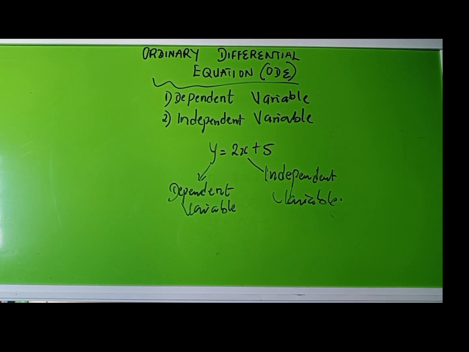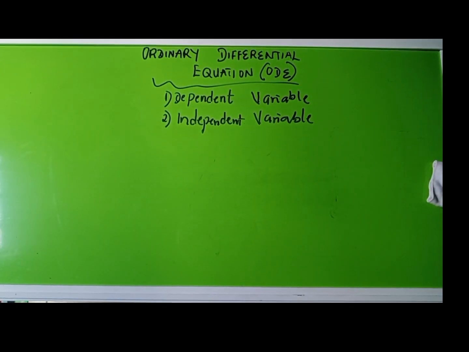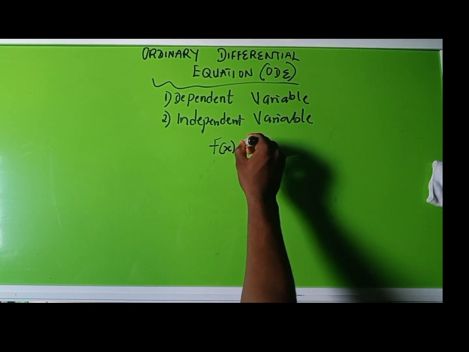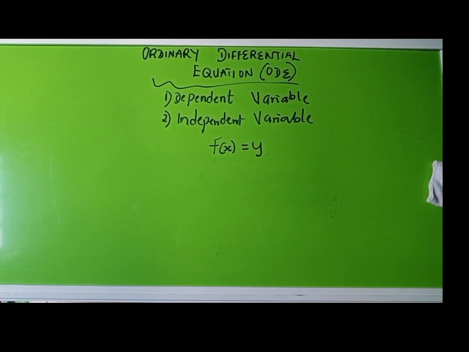Now let's take another example. f of x is equal to y. If you are given a function and asked to classify the dependent variable and the independent variable, what you simply do is look at your equation. What is depending on another? What I mean is, which variable depends on the other such that without the other variable it will not exist.